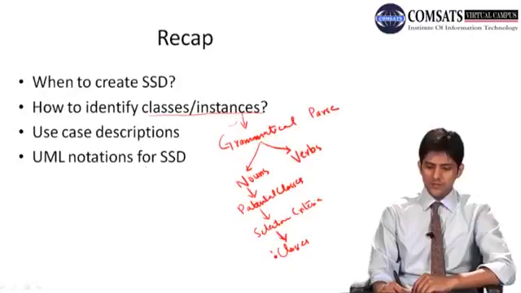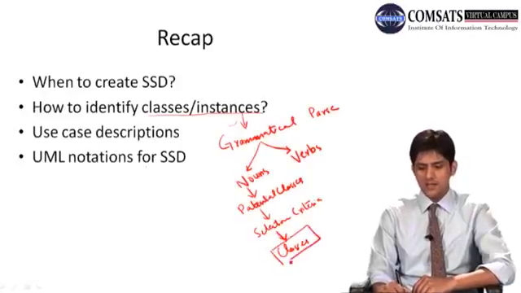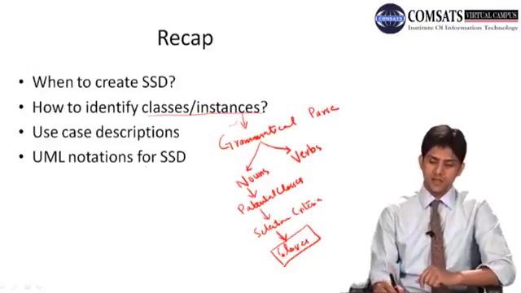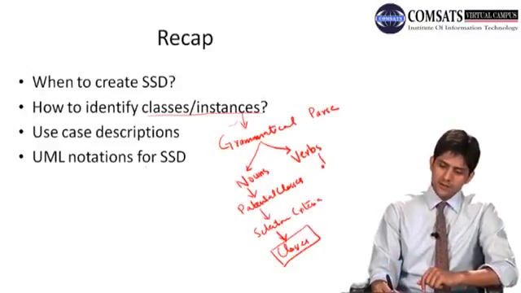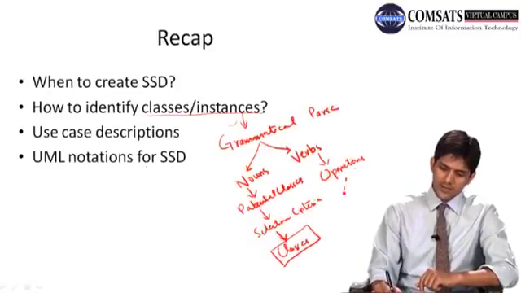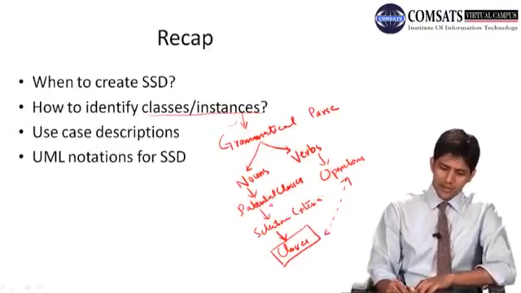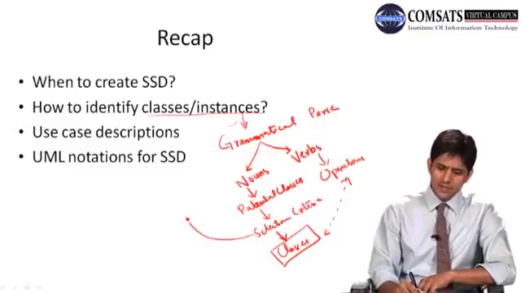Now once we have these classes, the next step is to associate the verbs as operations of these classes. So these verbs are basically operations, and they are linked to the classes.